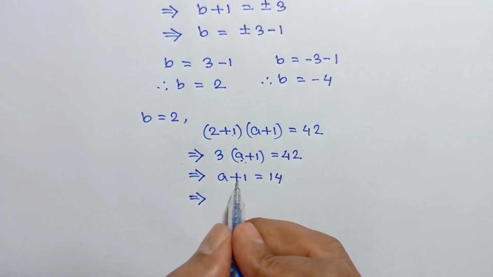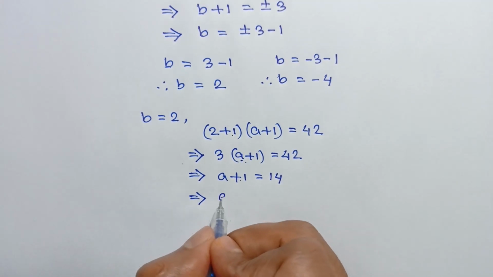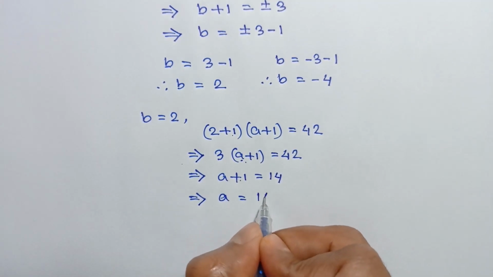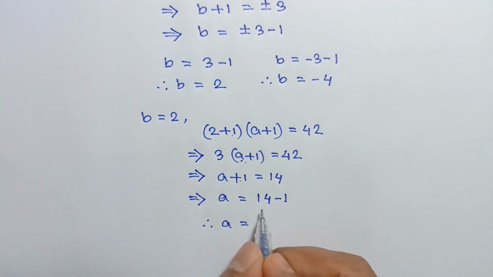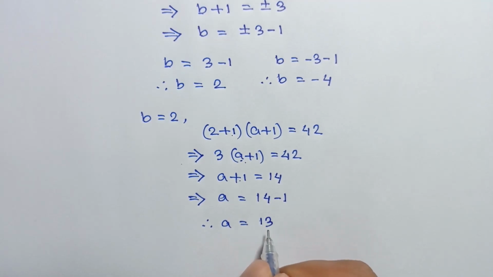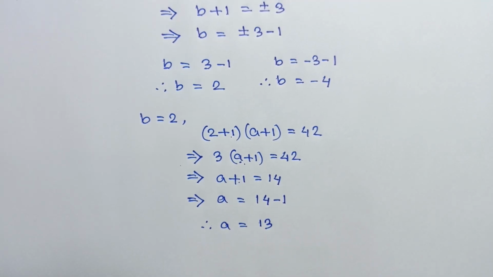Taking this 1 to the right side, we will have a = 14 - 1. So we can write a = 14 - 1 is 13.